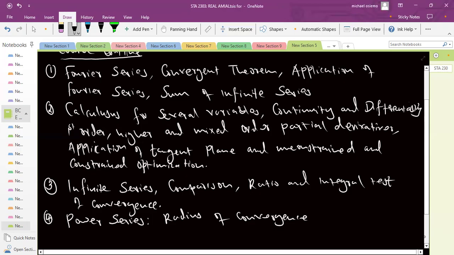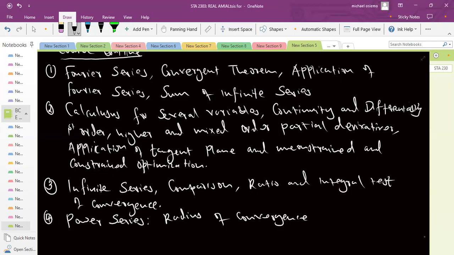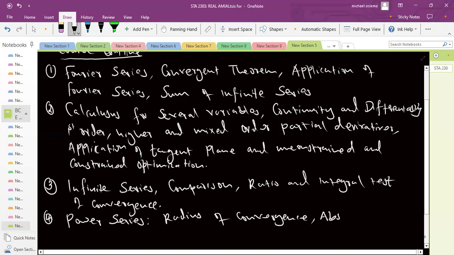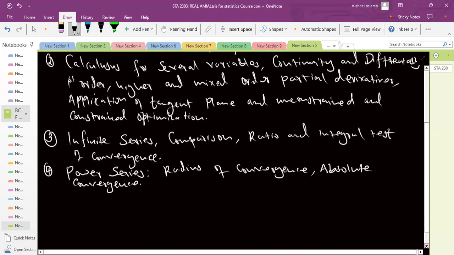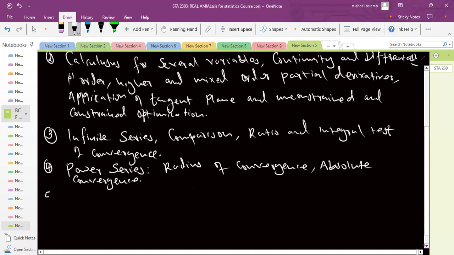We also have absolute convergence. Then number 5, we have the Cauchy principle of convergence.